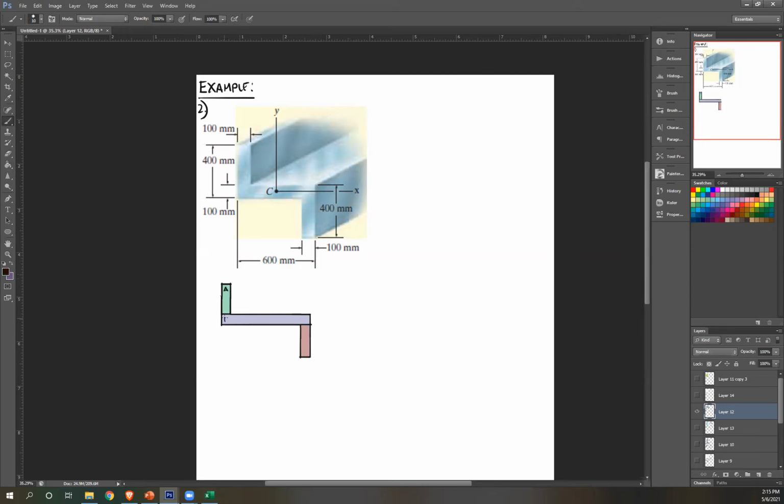A, B, C. So now we're taking the moment of inertia about x and y, so we're gonna take the moment of inertia of each segment about x and y as well.